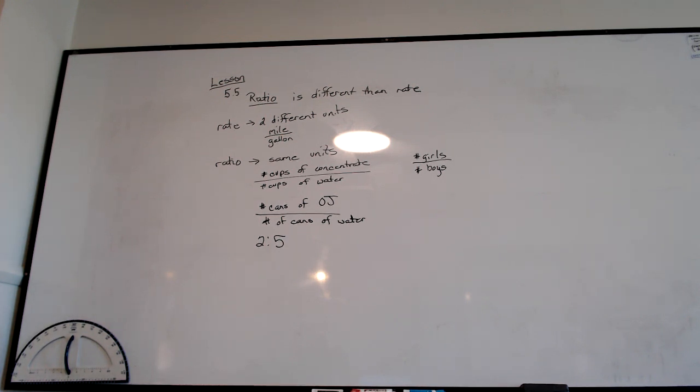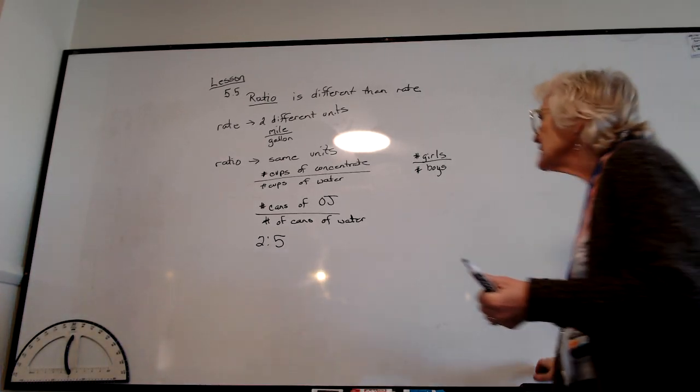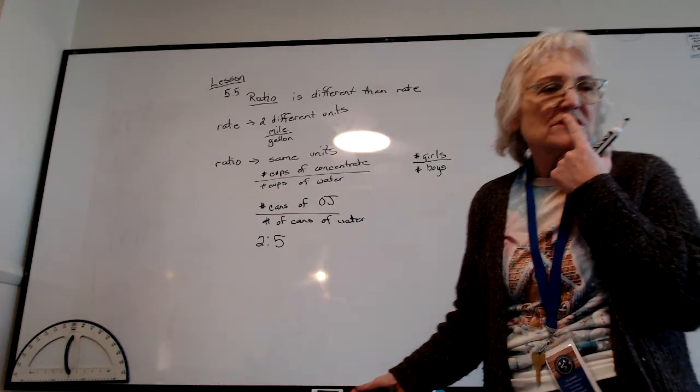A recipe is really a whole bunch of ratios. This is how much you put of each ingredient. Those are ratios that we want to keep consistent if we want to double or triple or halve the recipe. Okay, so that's basically all about ratios.